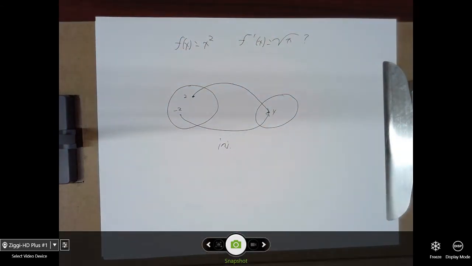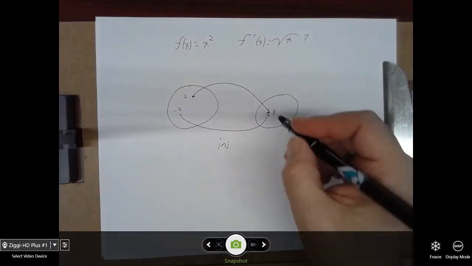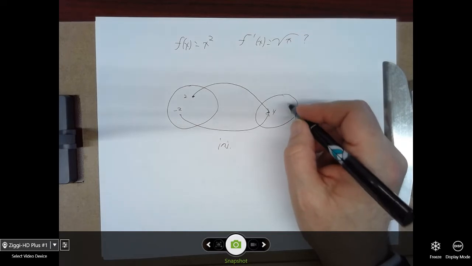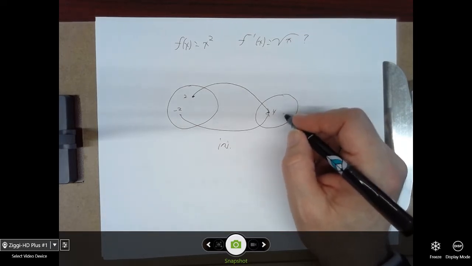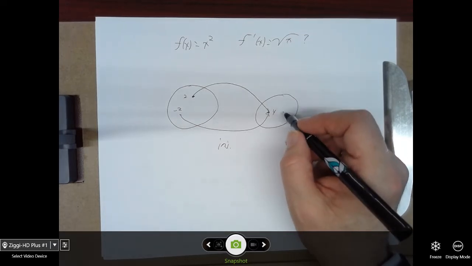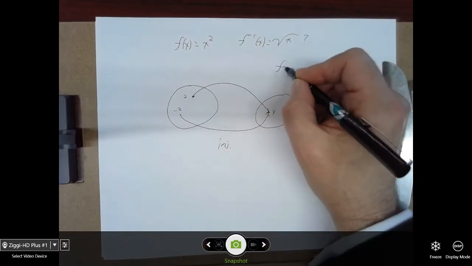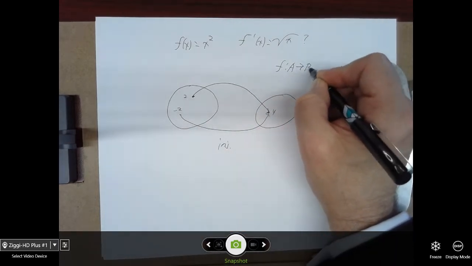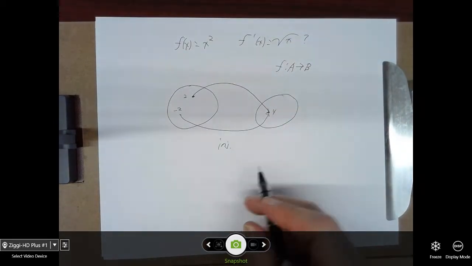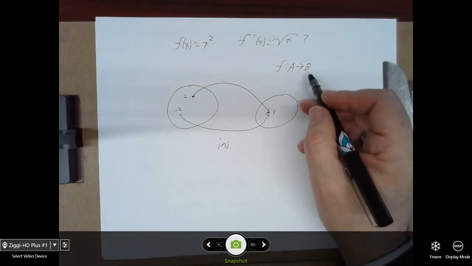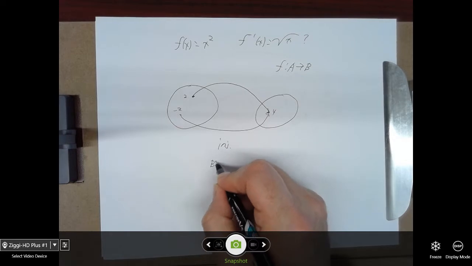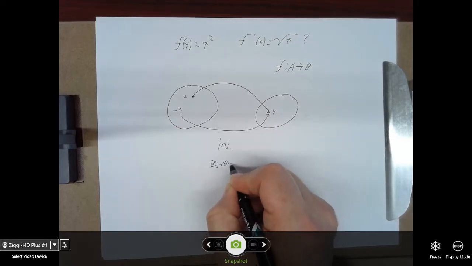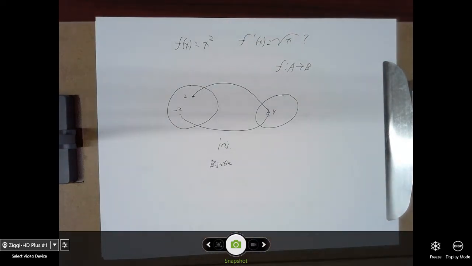Now, if it's injective but not bijective, that means that there's some points over here which we're not mapping to, and so our inverse is not defined on those points. So if we have a function going from A to B, and it's not surjective, then we can't define the inverse on all of B. So in fact, you're absolutely right. F has to be bijective. And if it is bijective, then there is an inverse.